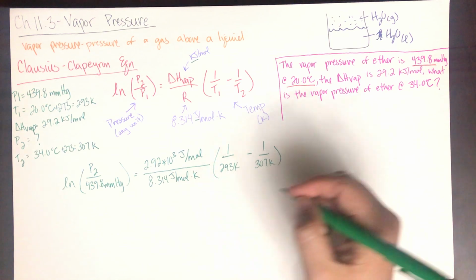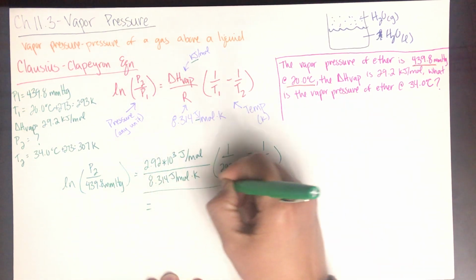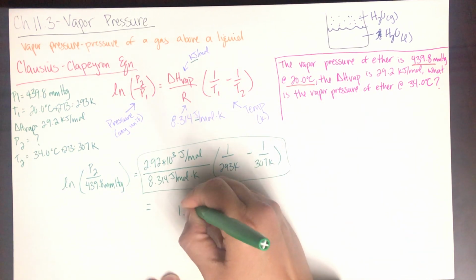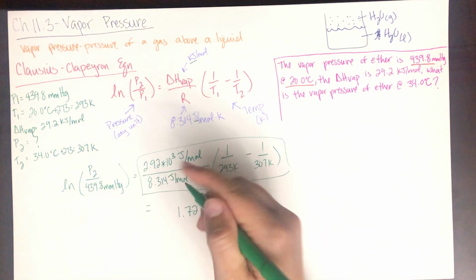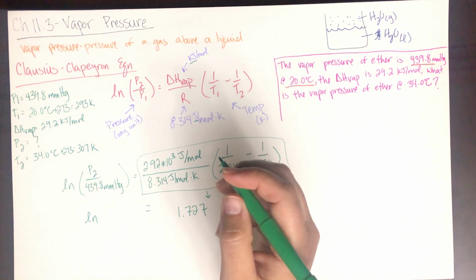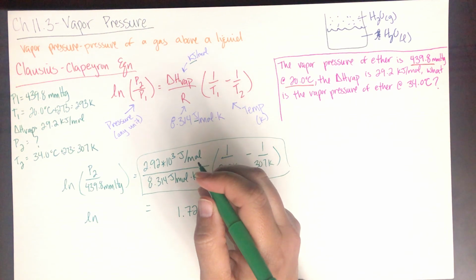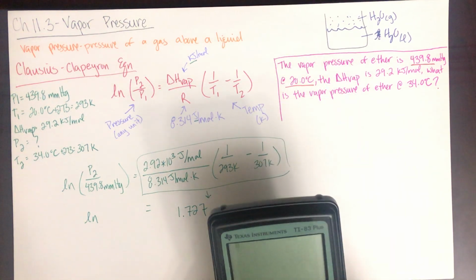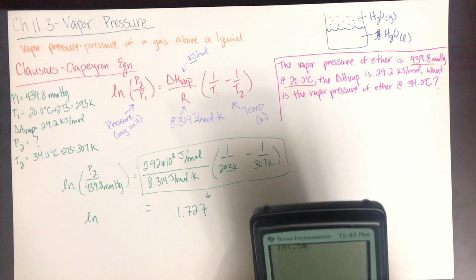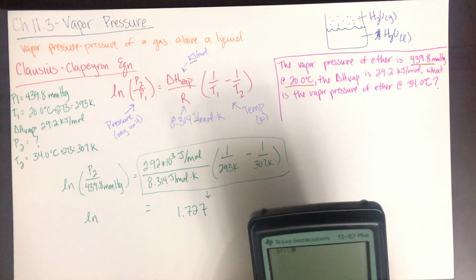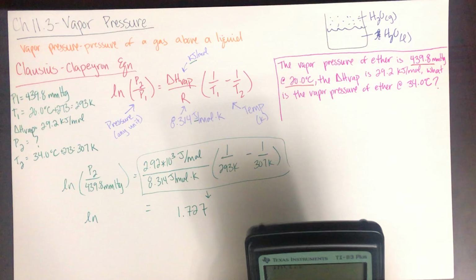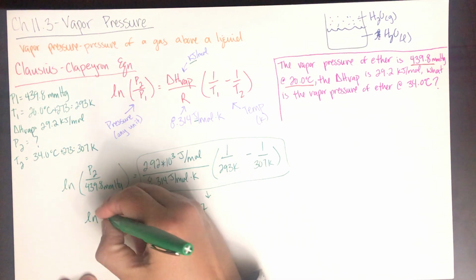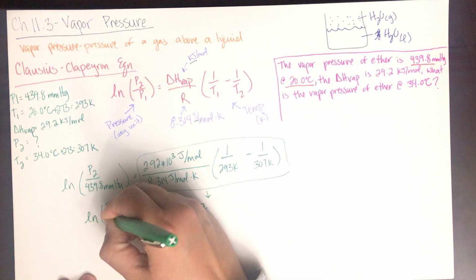This whole side is going to be something like 1.727. Let me double check this. Yeah, so you should have something like 1.727, and then over here you have the natural log of P2 over 439.8 millimeters of mercury.